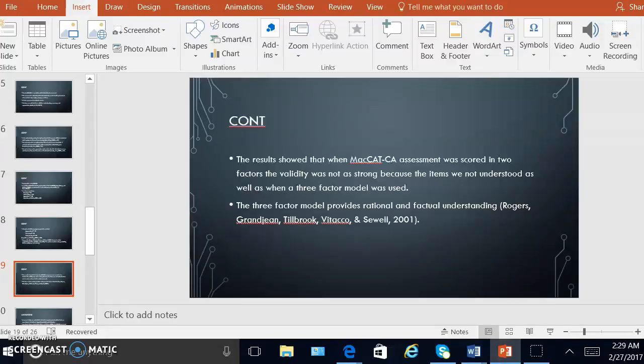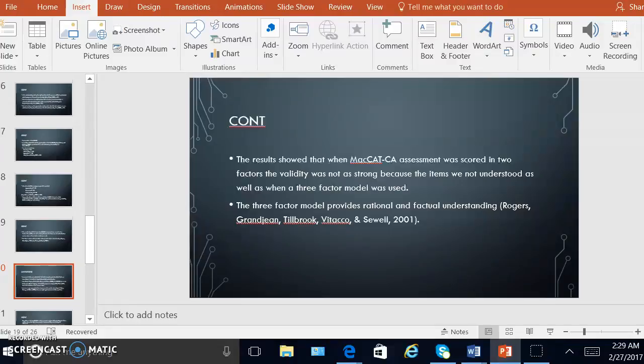The scores are put into 2 factors, which means that they combine the first 2 areas, understanding and reasoning, and score them together, and then they do the appreciation by itself, because the first 2 are general and the appreciation is more personal. But when they score all 3 separately, each on their own, there is a stronger validity shown.